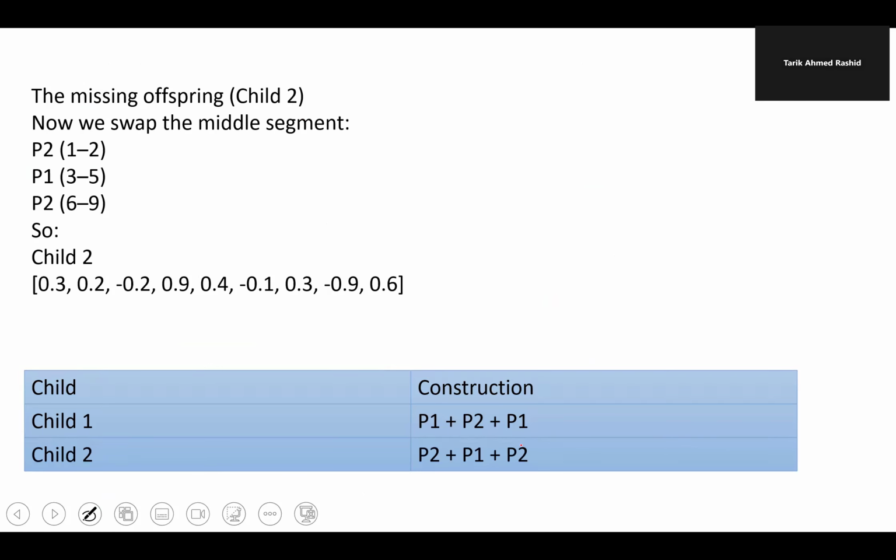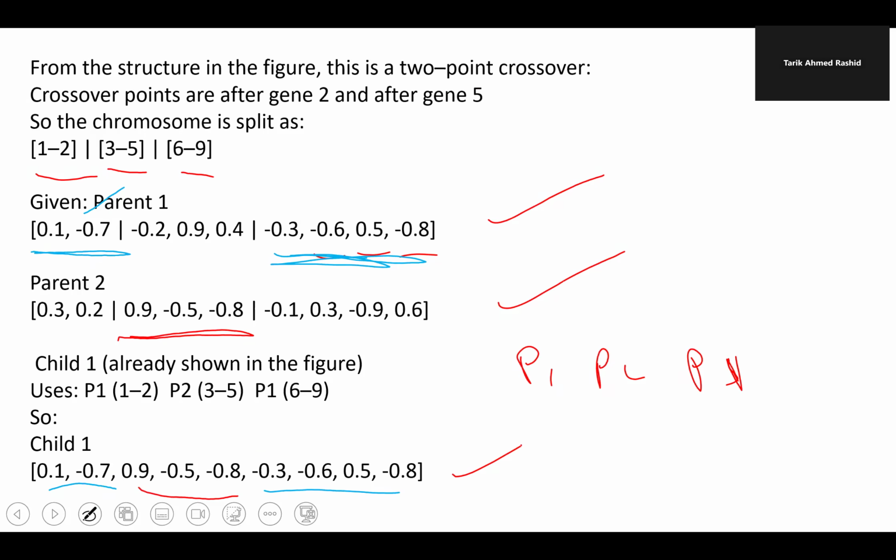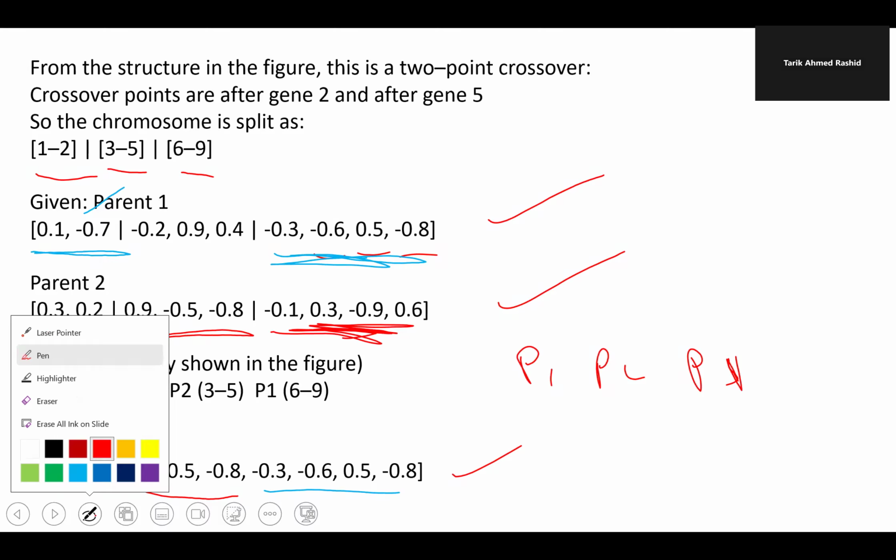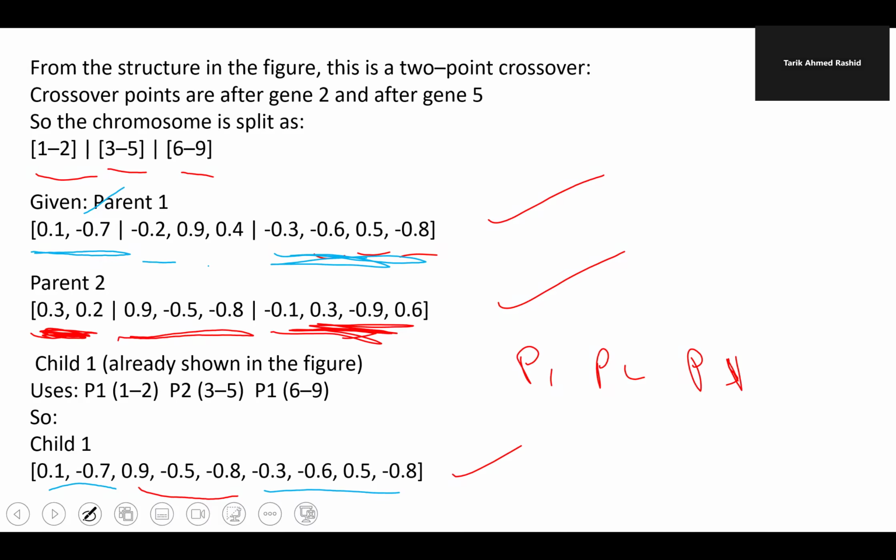Let's try to do child 2. For child 2, again, we take from parent 2 this bit, and from parent 2 this bit, and from parent 1 this bit. Let's check.